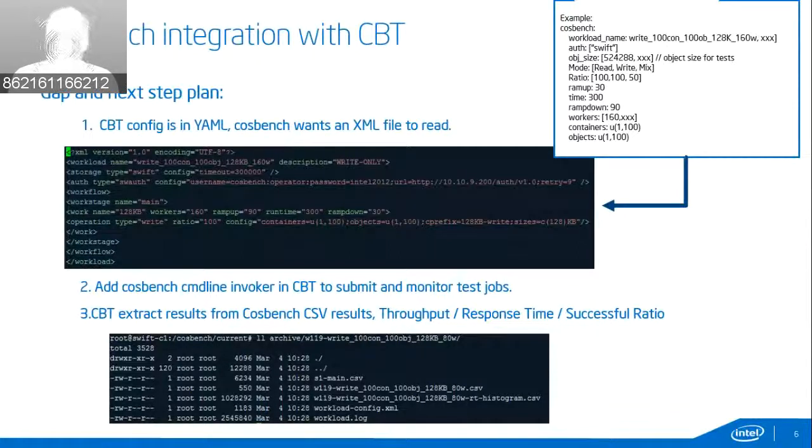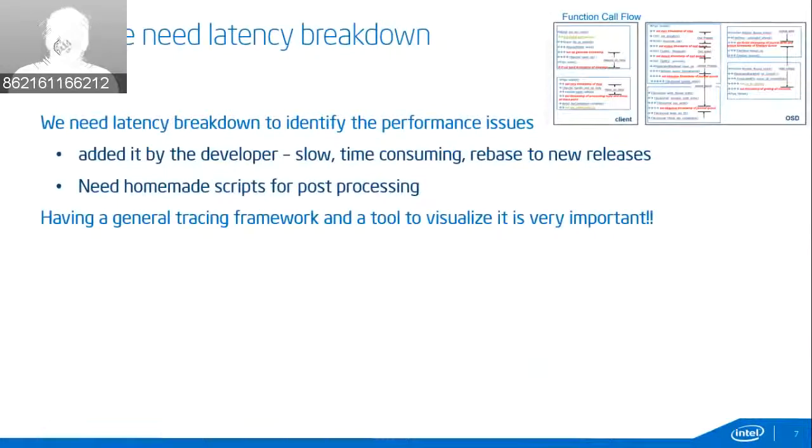So the other job the plugin module needs to complete is to extract the results from the Cosbench CSV file, and then integrate them into the common CBT result. So this is the general proposal for the detailed implementation.